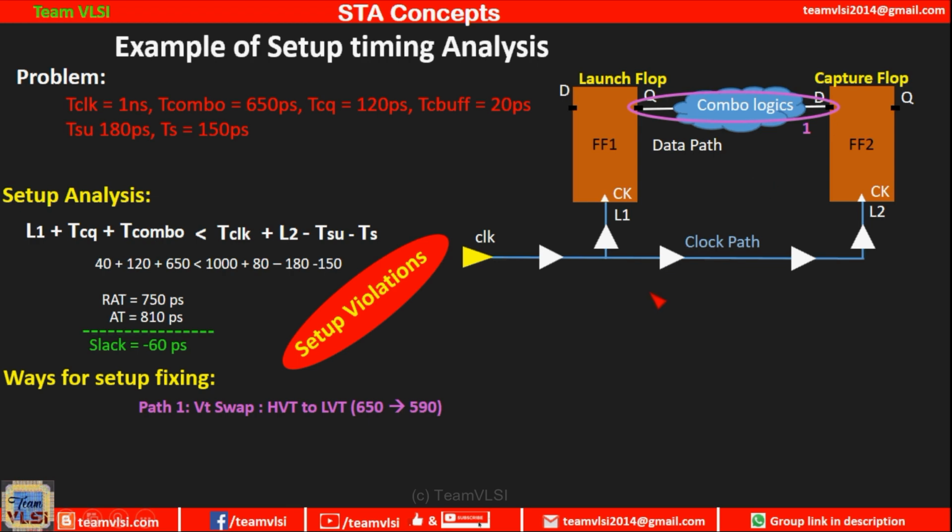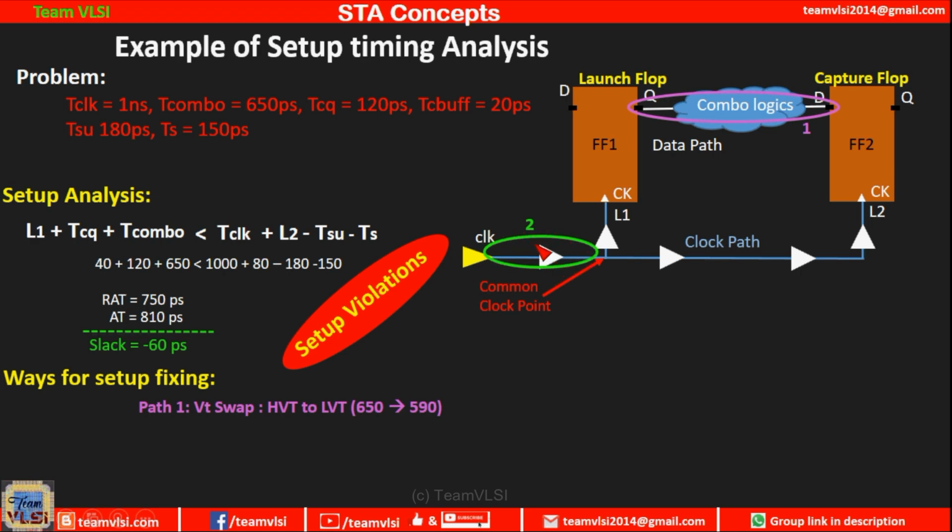Second thing, you can see here till this point the clock is common for both the launch and capture flop, and that's why this point is called the common clock point. And consider this path. Will it have an impact if we change the delay of this path, increase or decrease?